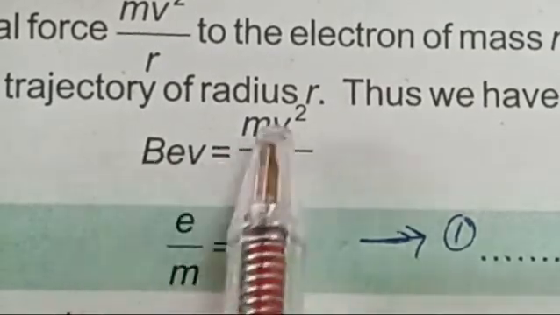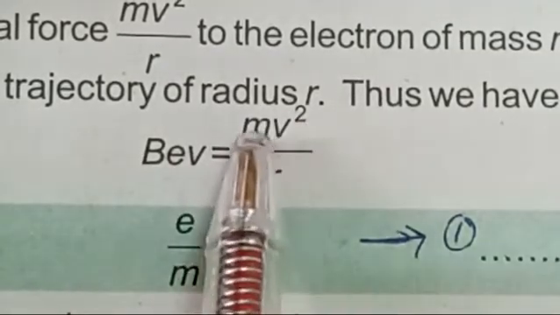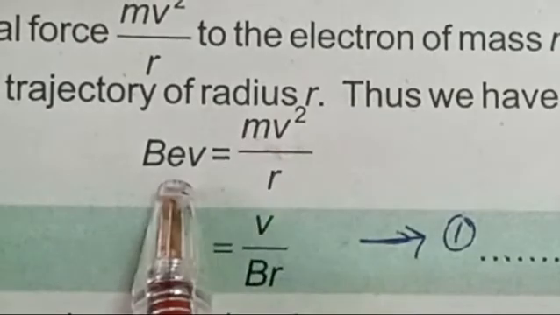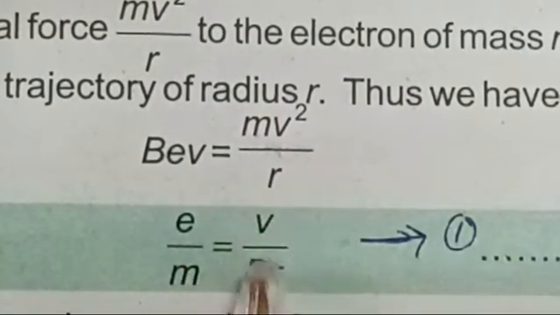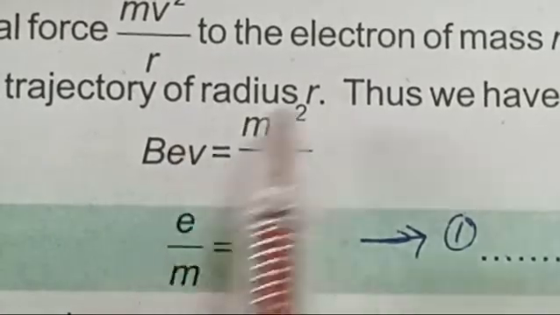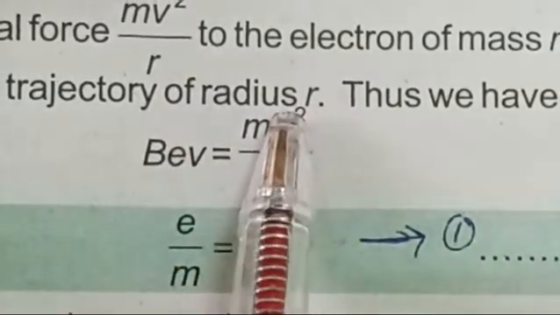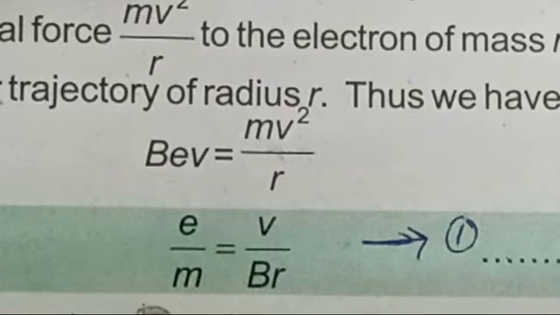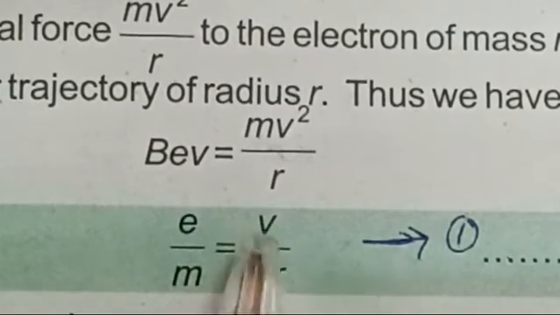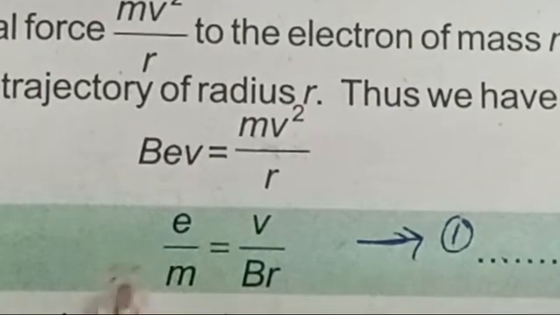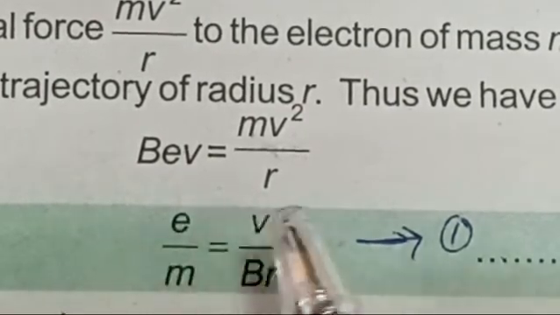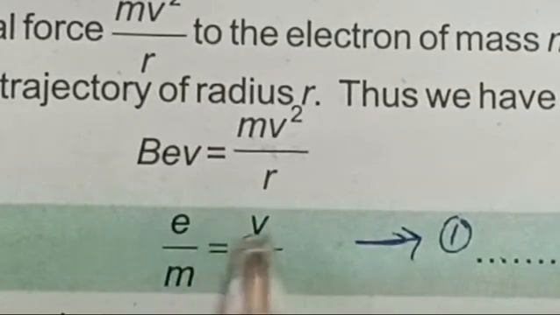Since m is in the numerator, it comes to the left-hand side in the denominator. So e over m is equal to v over Br, as one v is cancelled with the square. This is your first equation. So if v, B and r are known, e over m of an electron is determined.